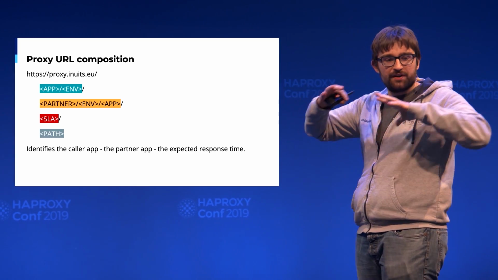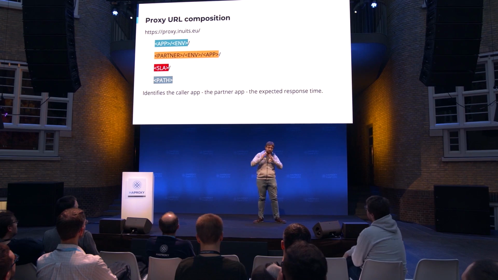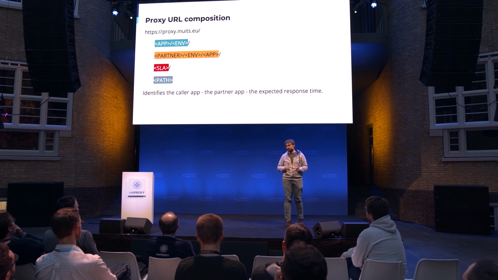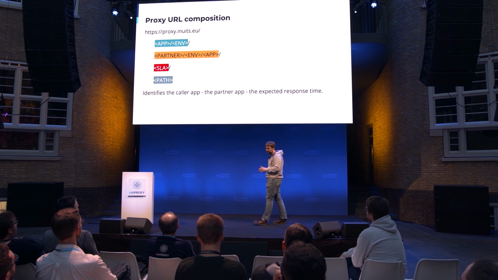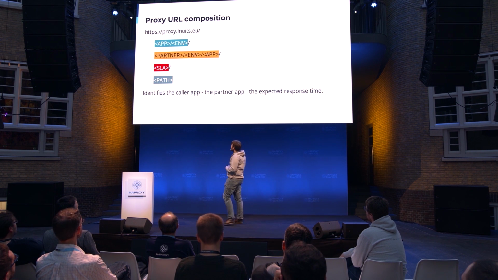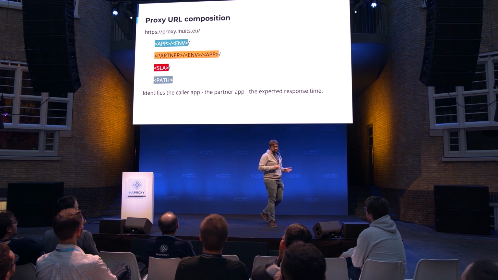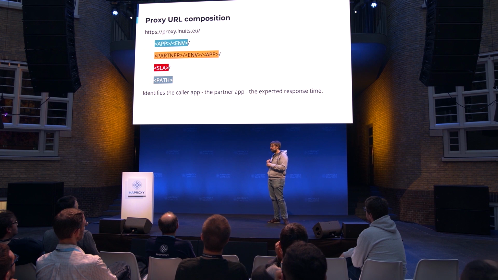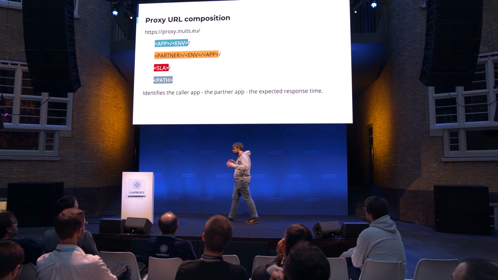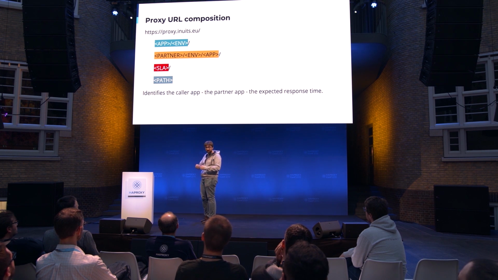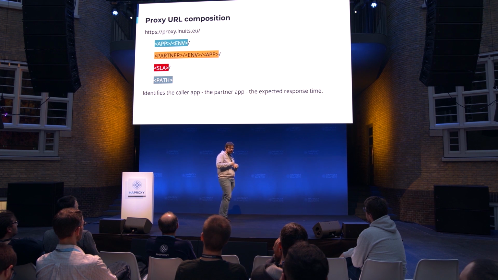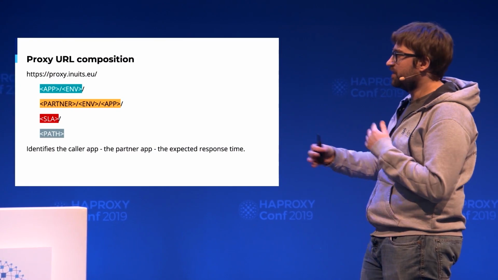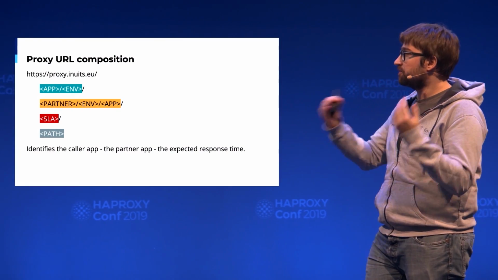So we only have one HAProxy frontend, and in the URL we define the environment, the application and the partner that we want to call. Then we have something that's called the SLA. What we call the SLA is actually just timeouts, because we do a lot of business. Some of it is synchronous business, where you expect a reply now, and other things are like posting a 1 GB file to the other direction, or putting a file of 10, 20 megabytes.